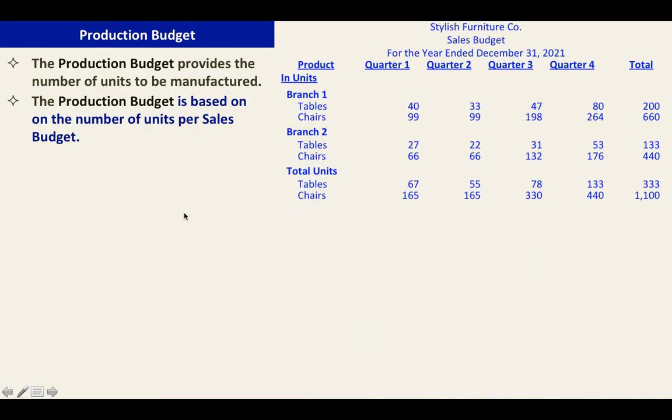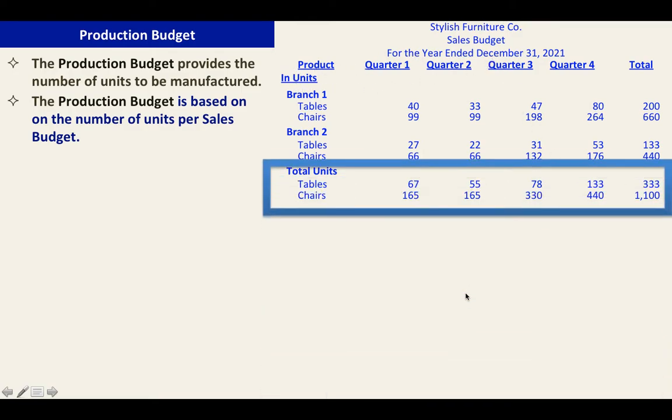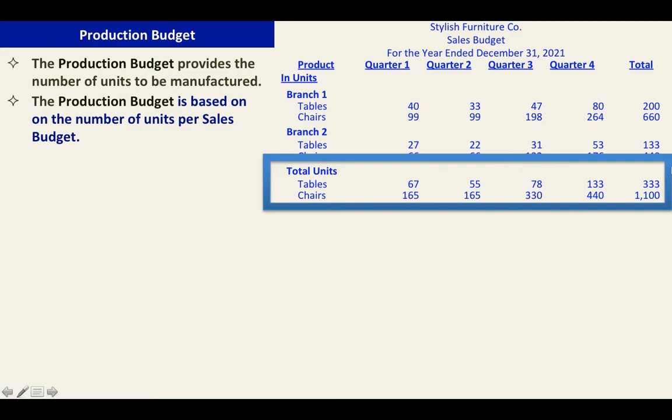Okay, class, let us proceed and now take a look at the production budget. The production budget provides the number of units to be manufactured. It is based on the number of units in the sales budget, okay? So this is what we have in units per sales budget. Now what we will be needing is the total units that need to be produced.